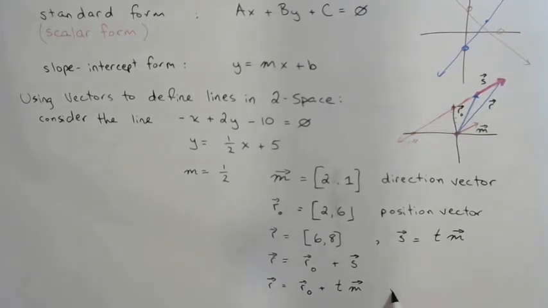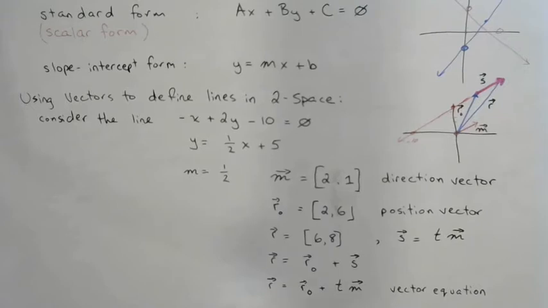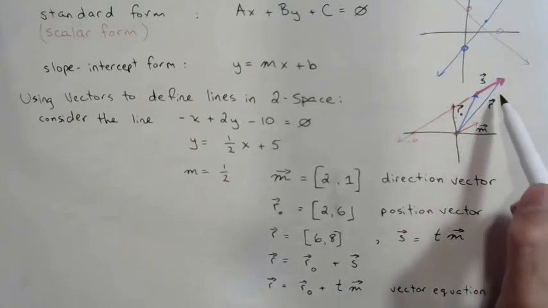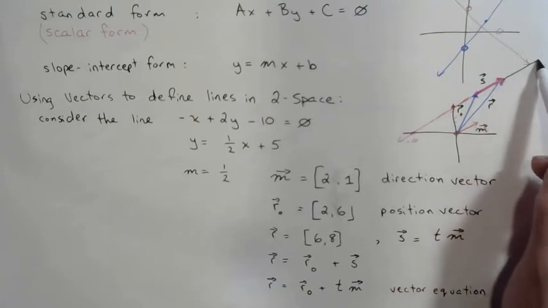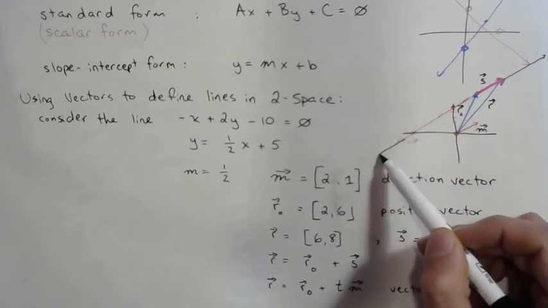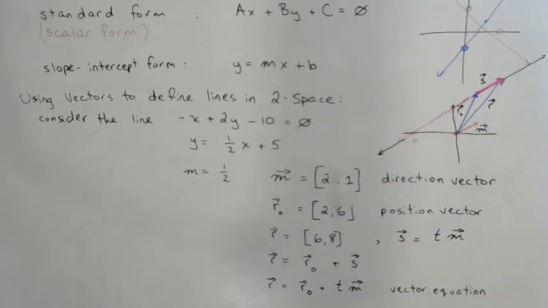This is the vector equation of a line in two-dimensional space, and we have its direction as well as its position, and we can change the length or magnitude of the vector simply by changing the parameter t. That way we can have the tip of vector r at any point along this otherwise infinite line. Okay?